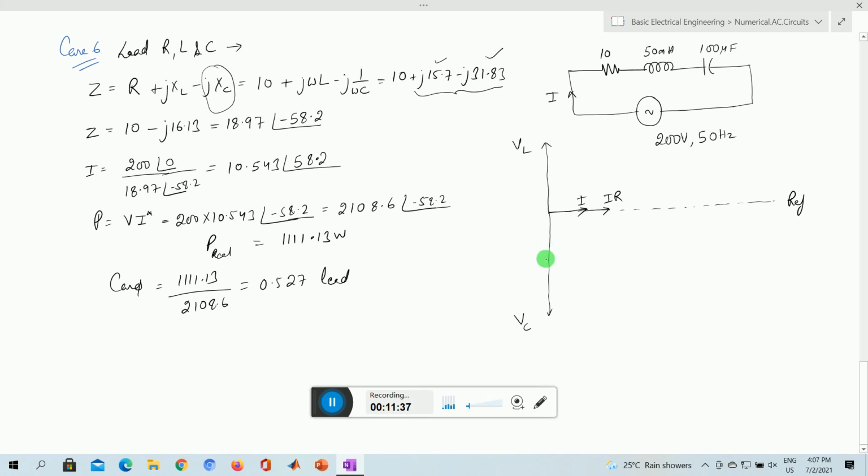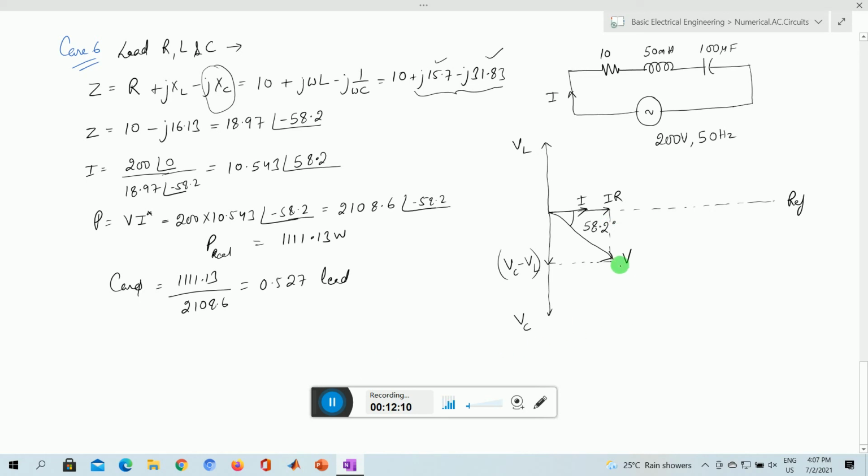So when we take the resultant, it will come here, this is VC minus VL. This term is negative actually, that's why it is here. Now we can do the phasor addition, and this is the voltage and the current is here, and the current is leading by an angle of 58.2 degrees from the voltage. So this way we can find.